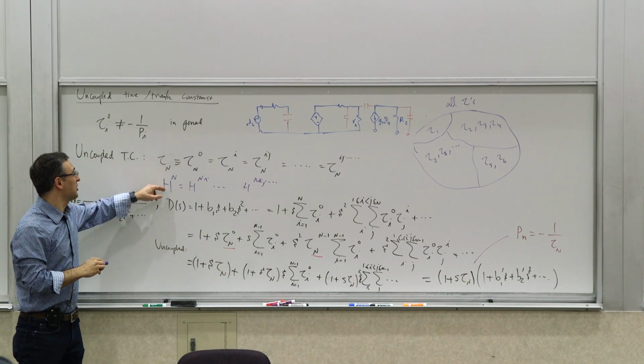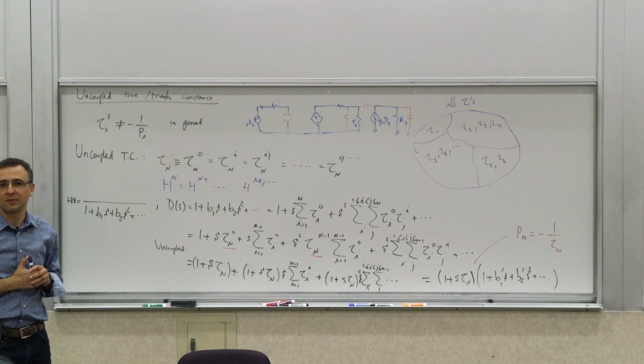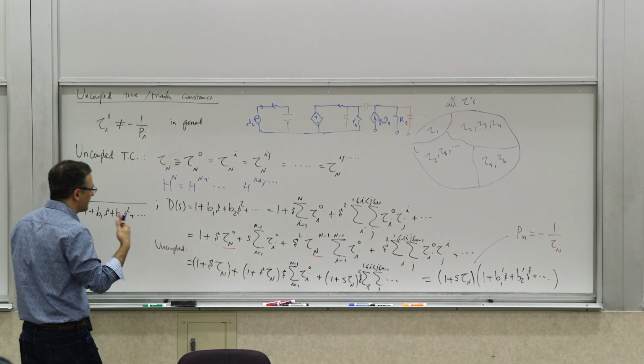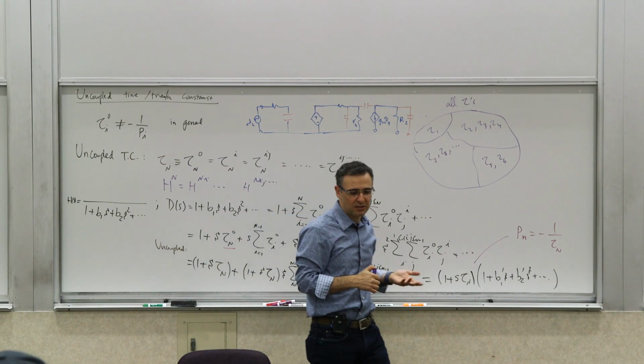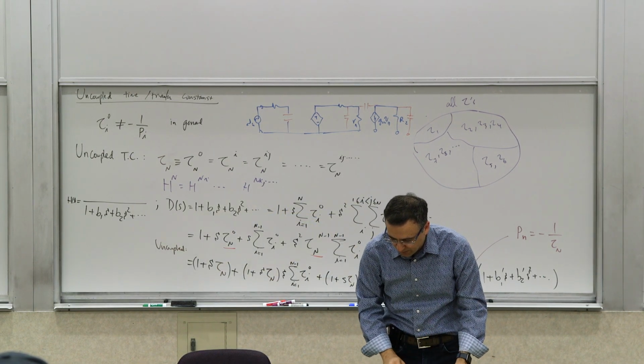If you have that in addition to this, then you can actually factor the numerator as well. So the zeros will partition too. That's a secondary thing. I don't use it very frequently. So that's one thing.